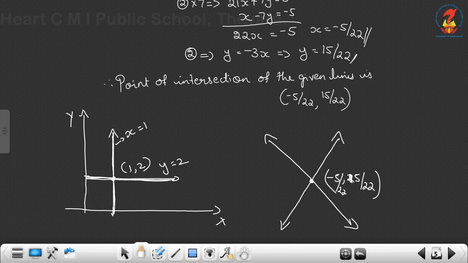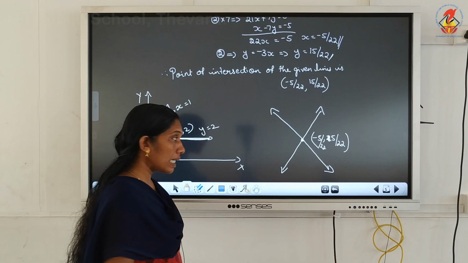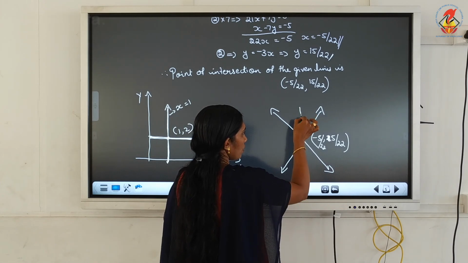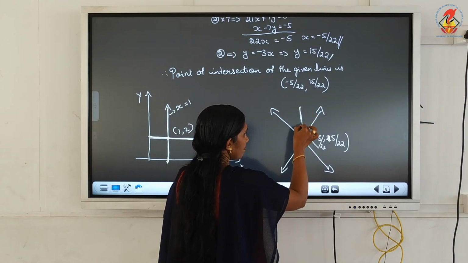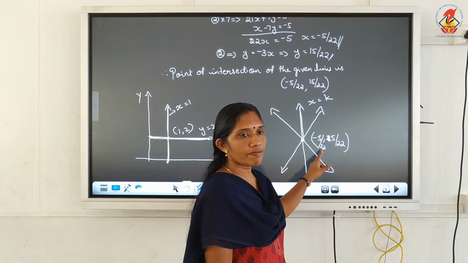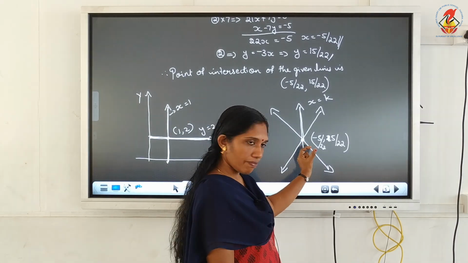What is the equation of a line parallel to y-axis? Parallel to y-axis, so we can draw like this. It's a rough figure only. Parallel to y-axis, the equation is always in the form x is equal to a constant. So what is the constant here? This ordered pair's first value.